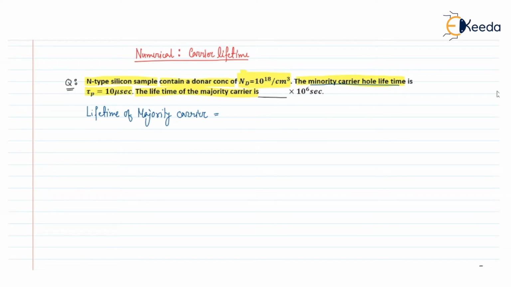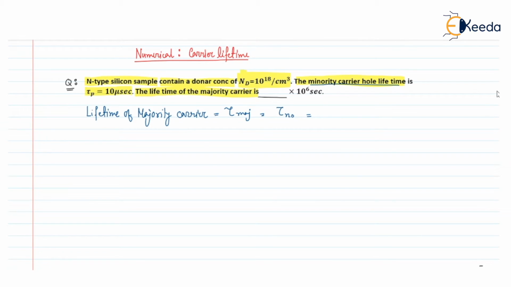So we can say that the lifetime of the majority carriers, that is tau majority, and it is an N-type silicon sample, so the majority carriers will be electrons, so tau n0.